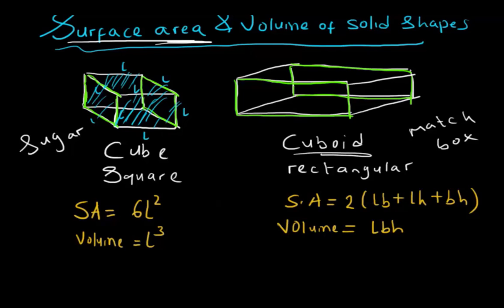So a cube has 6 sides. So it means we have 6 squares. Now remember, the area of a square is length squared. Now if I have 6 squares, it means the surface area of a cube is 6L squared.